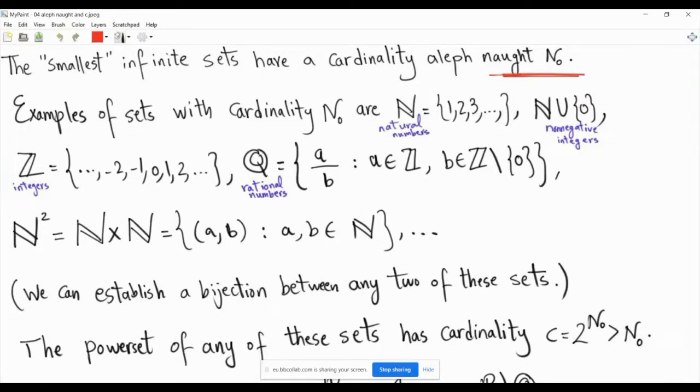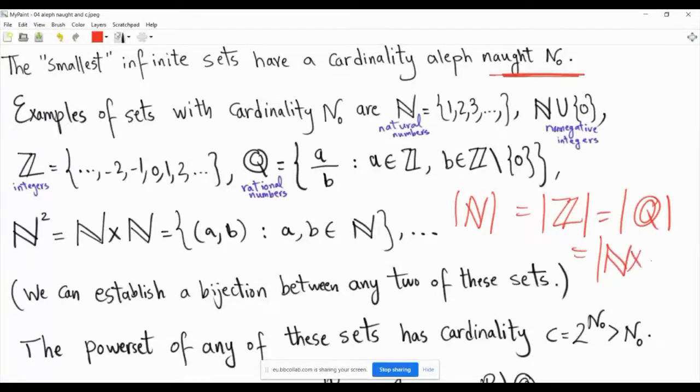We say that the cardinality of the natural numbers is the same as the cardinality of the integers, is the same as the cardinality of the rational numbers, is the same as the cardinality of the Cartesian product of the natural numbers with themselves. So basically this is N squared, the ordered pairs that contain two natural numbers. All of these have the same cardinality, which is Aleph Naught.